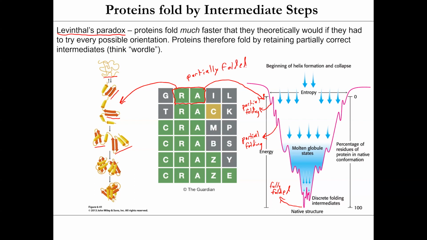And so the protein can try other conformations built upon that. Proteins fold by what's called intermediate steps. Local areas will become folded, and then the rest of the protein will be built on those correct conformational foldings.